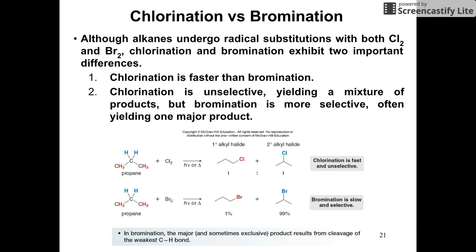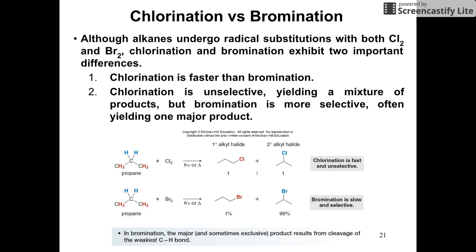Now, when we look at chlorination and bromination, same types of stuff happens, the same mechanism takes place, but there are some differences. Chlorination is faster than bromination, so there's a kinetic difference. We would also say that chlorination is unselective. It's going to go after any of the carbon-hydrogen bonds that you've got. However, bromination is more selective.